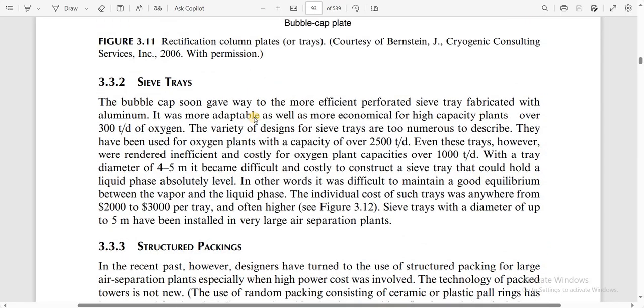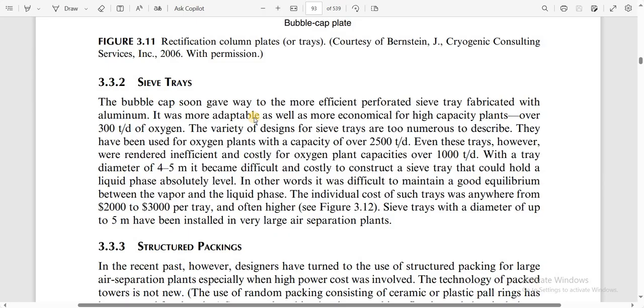Sieve trays. The bubble cap soon gave way to the more efficient perforated sieve tray fabricated with aluminum. It was more adaptable as well as more economical for high capacity plants over 300 TPD of oxygen.